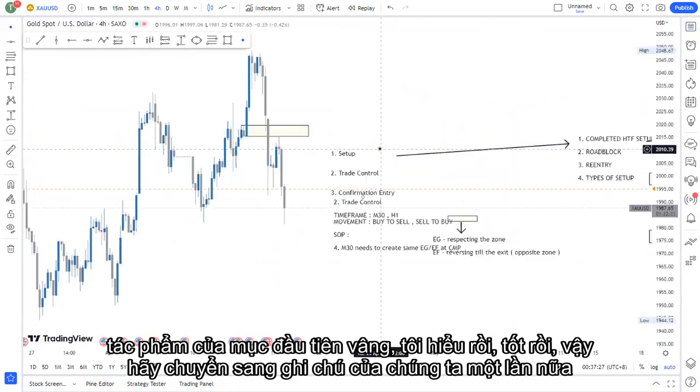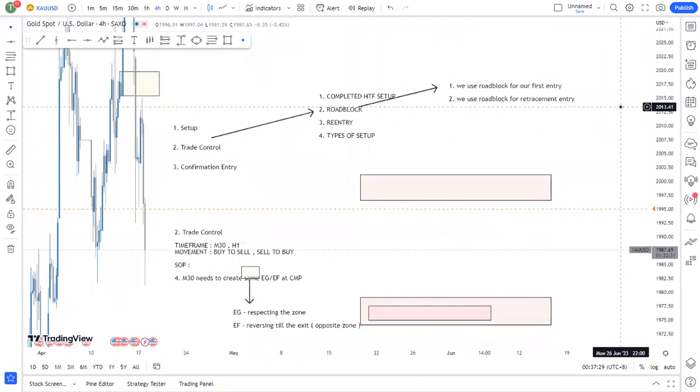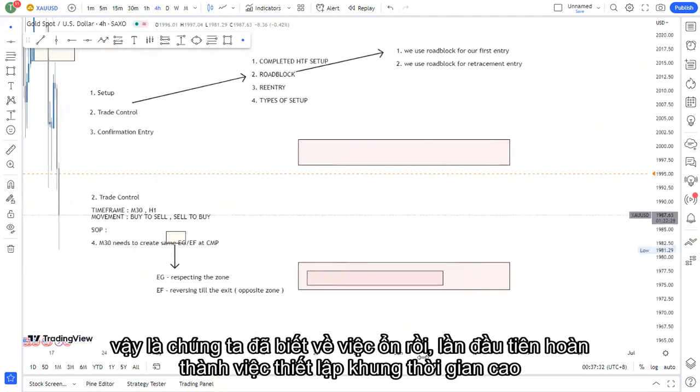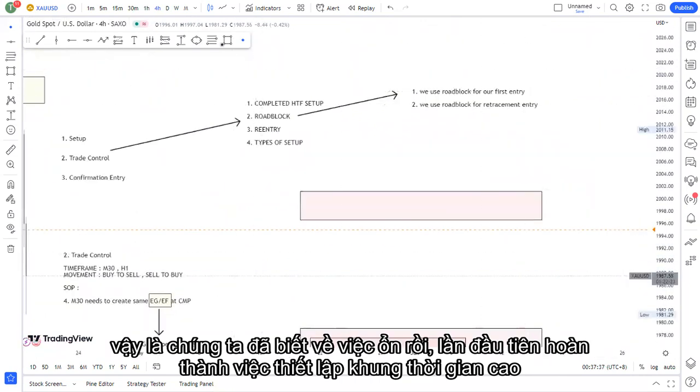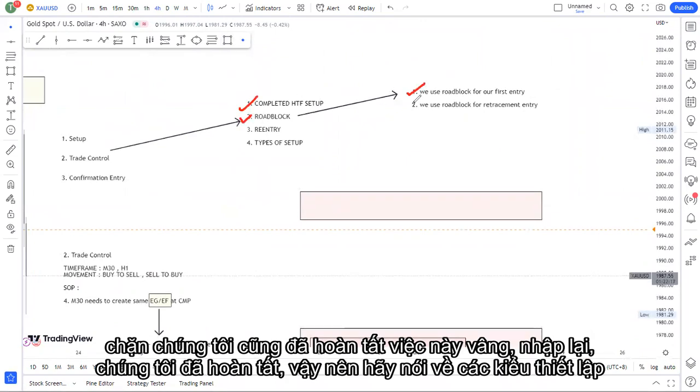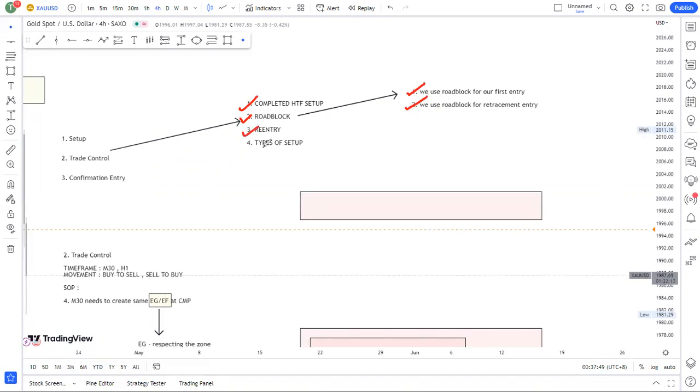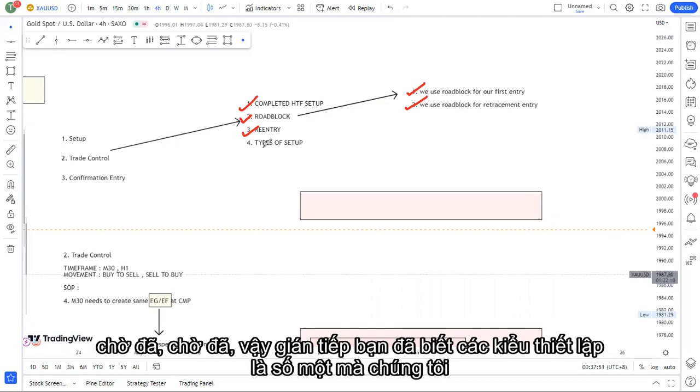So let's move to our notes again. We have already learned about the completed high time frame setup, and the block, we're done with this too. Re-entry, we're done. Talking about types of setup, indirectly you already know them.